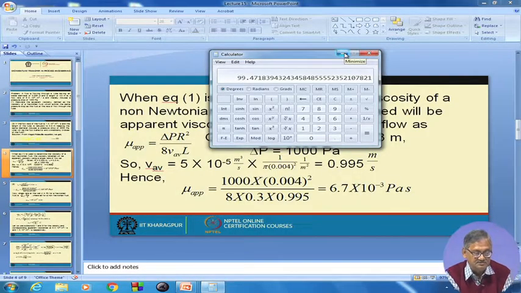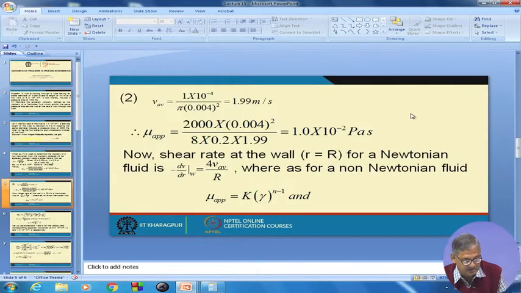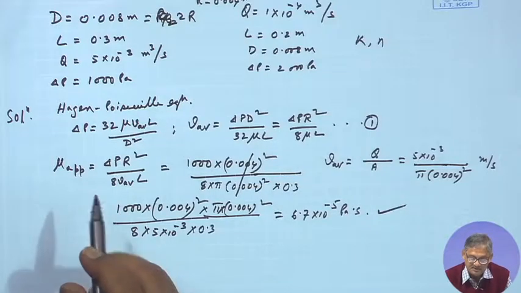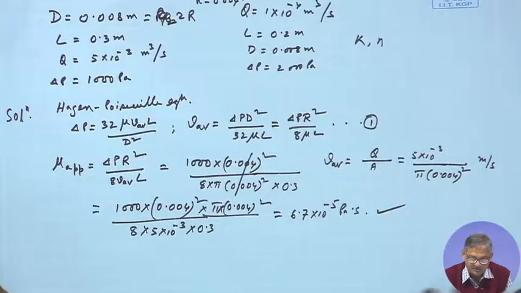Then next what we have to find out is the second case. In the first case we have been asked what is the mu apparent, the apparent viscosity, which we have found out.